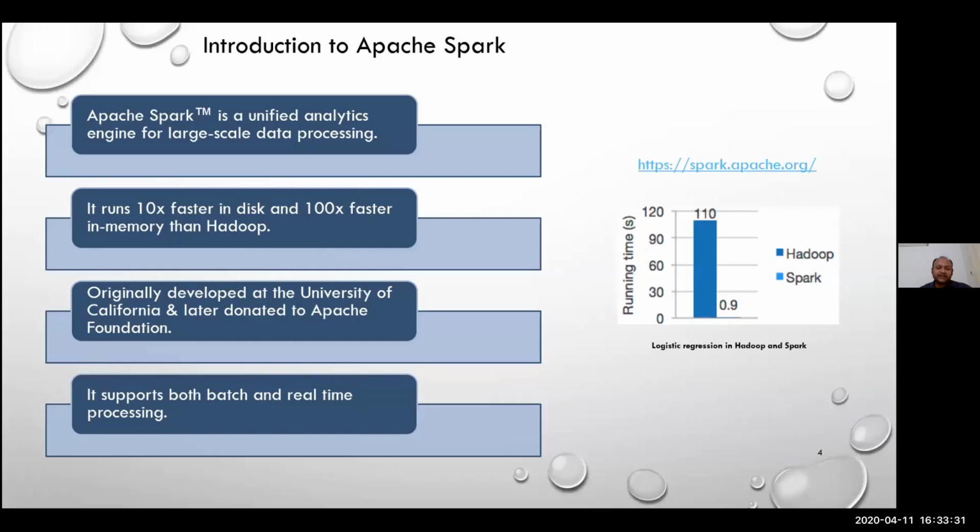In an experiment, it shows that it is 10 times faster in disk-based operations compared to Hadoop, and Apache Spark is 100 times faster in terms of in-memory computations compared to Hadoop.